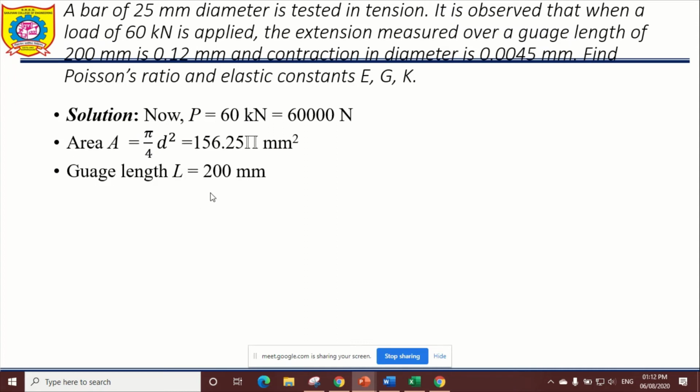Length is given as 200 millimeter. Then delta L is equal to 0.12 millimeter. Delta D will be equal to 0.0045 millimeter.